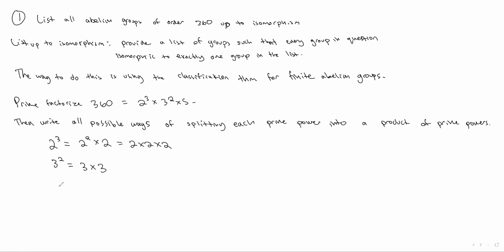And 3 squared, you could write as 3 squared, or 3 times 3, and 5 is just 5. Okay, and then the final step is to form groups by combining the possibilities.